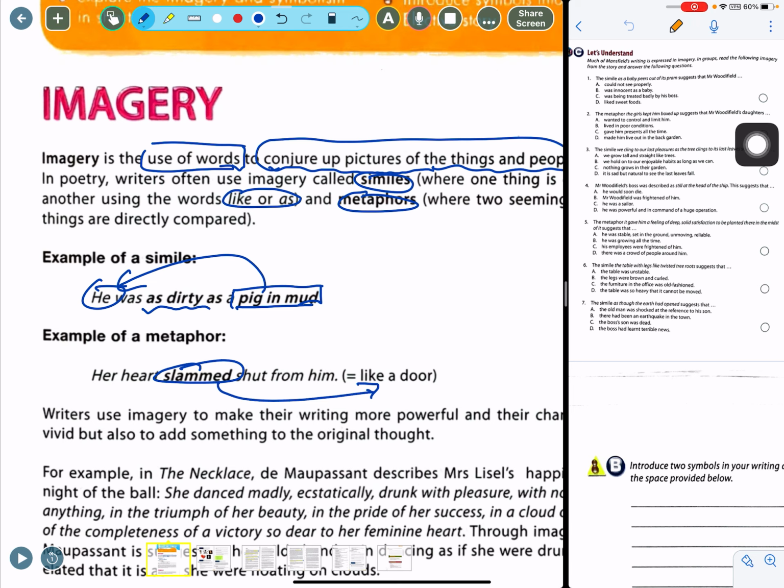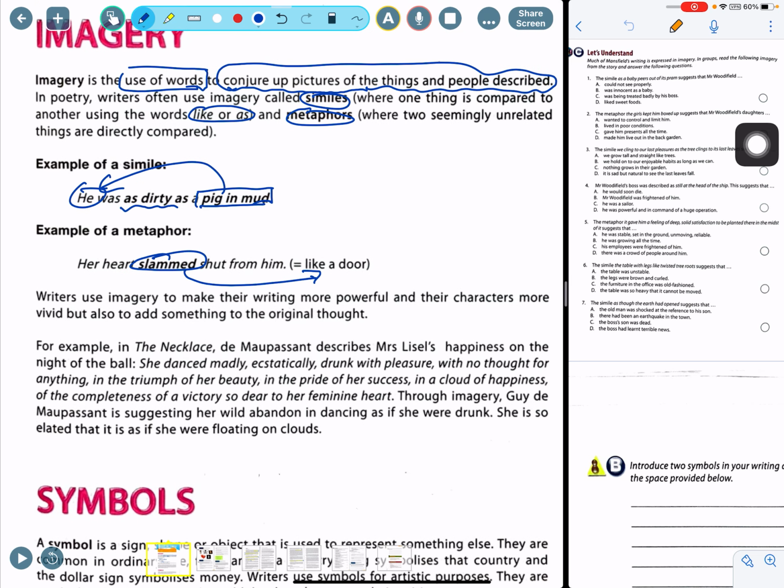Because you don't want to listen to that person, you want to show the person to stay away from you, right? So her heart slammed shut from him. It's very obvious that she doesn't want to talk to him anymore. So basically you use imagery to make your writing more powerful and the characters more vivid.